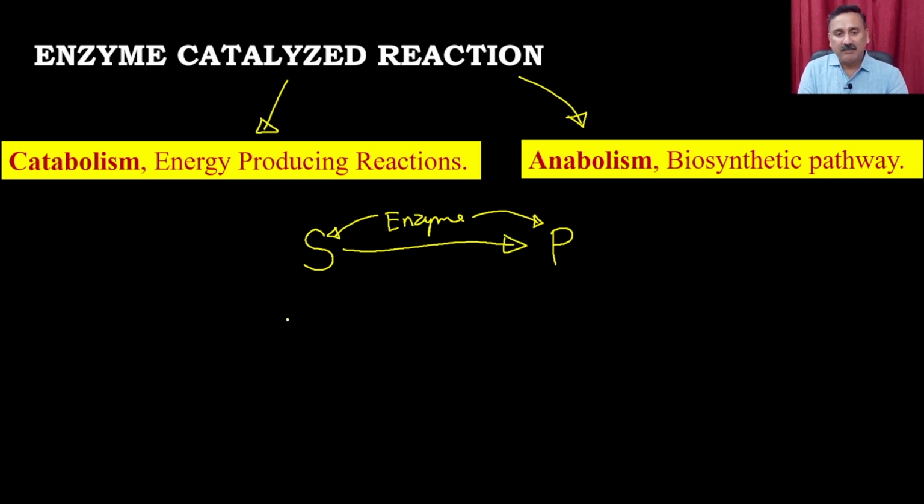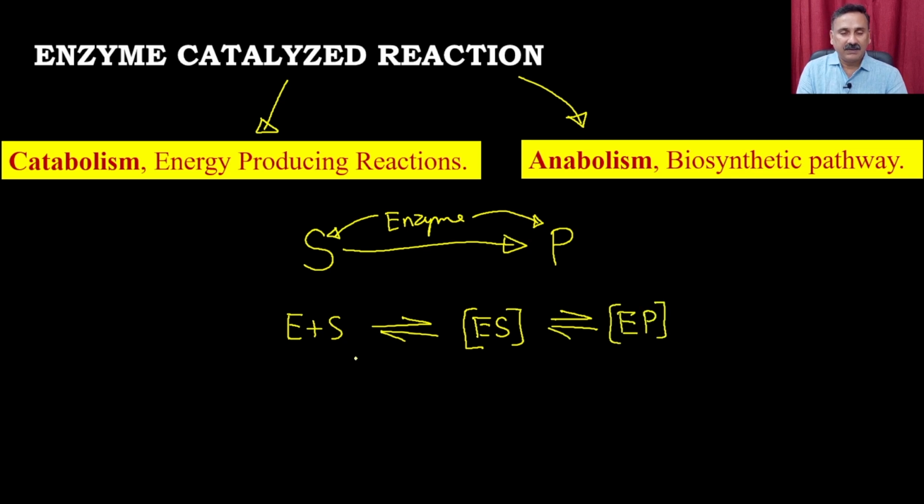The first thing that happens is that when the enzyme interacts with the substrate, it forms the enzyme-substrate complex. Then this enzyme-substrate complex is converted into the enzyme-product complex. You can have a single substrate or multiple substrates, but ultimately you are going to have the enzyme-substrate complex. This is converted into the enzyme-product complex, then into enzyme plus product, and the product is released from the enzyme.